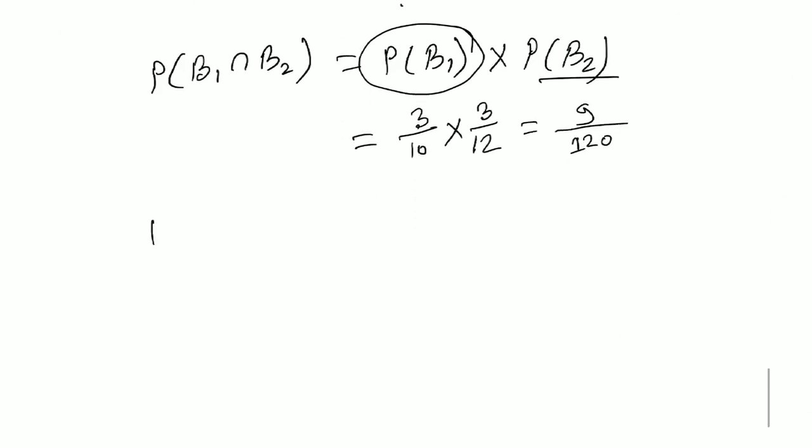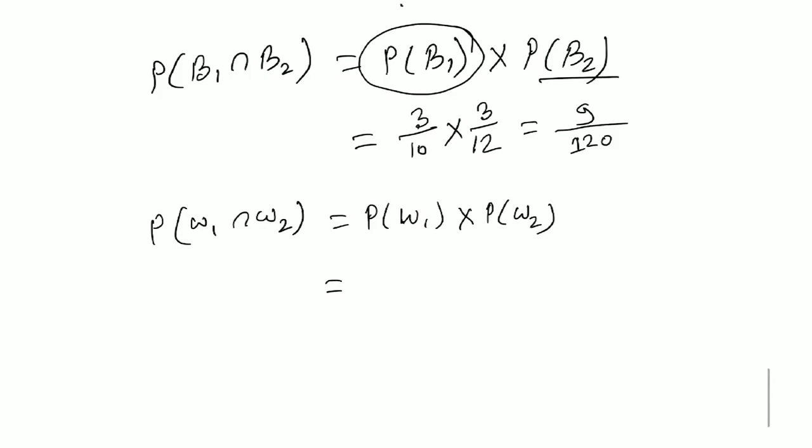Okay, fine. So that's pretty simple. Again, you can also get white balls, which means you have P of W1 into P of W2. First find P of W1.